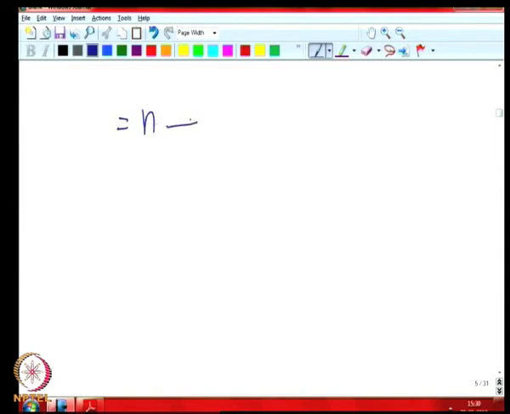The second term is, for instance, when P1 is a factor, how will I find it? Suppose P1 is a factor; the numbers I have to consider are from 1 to n minus 1, and then how many numbers have P1 as a factor? We know that is n by P1.